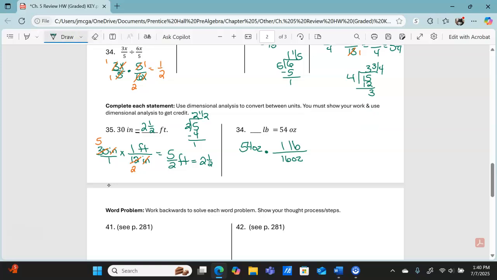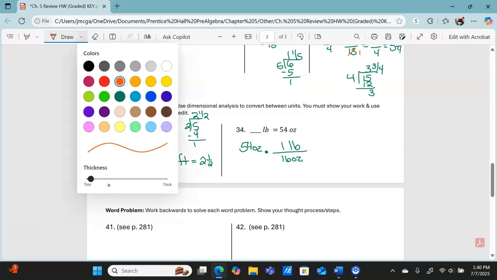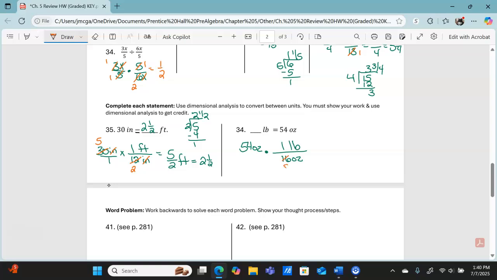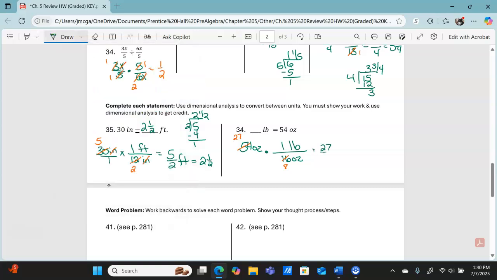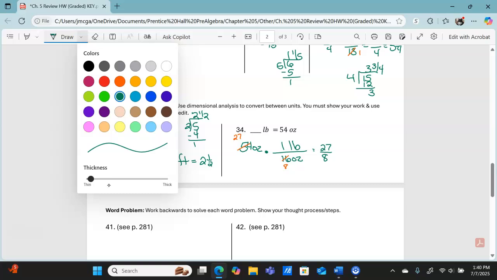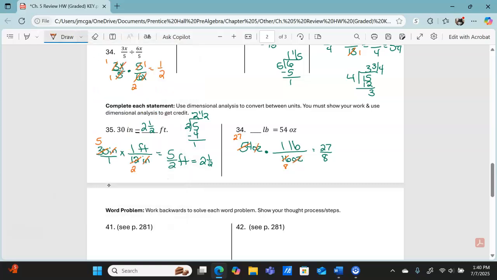They are both even, so let's start with that. 8 and 27. 27 is 3 times 3 times 3. So I think that's, yeah, that's as far as we can go. So we're going to end up with 27/8 pounds, and your ounces cancels.